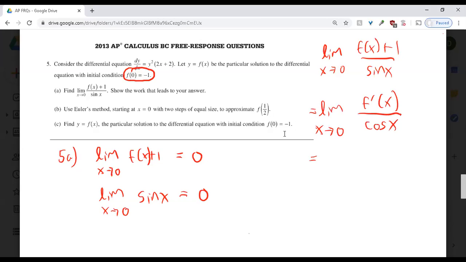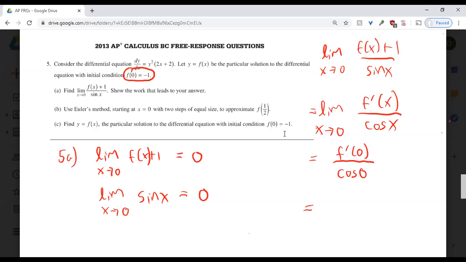So this is going to be f prime of 0 over cosine of 0. I know cosine of 0 is 1, so I can't do L'Hopital's rule again.